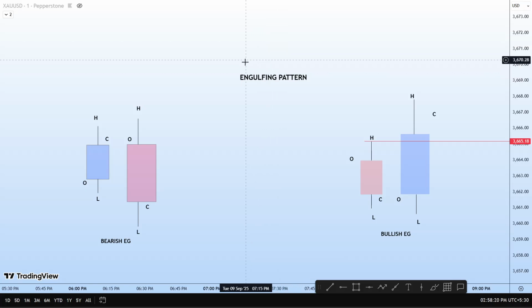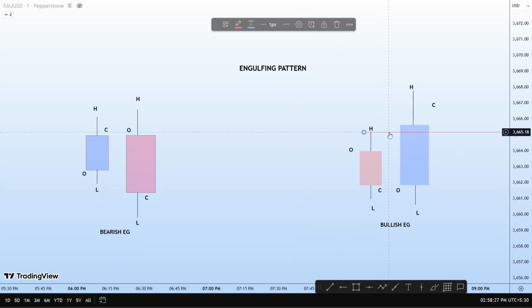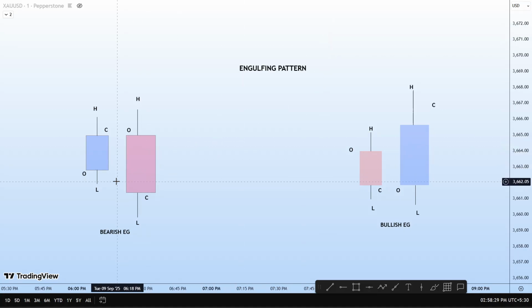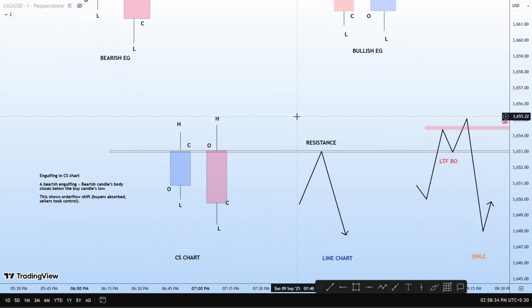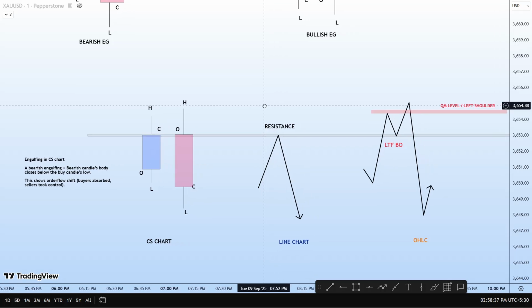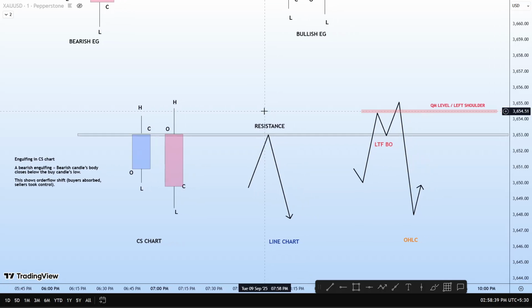There are a few different types of engulfing pattern that we will go into in the second video, but for now let's understand what happens on the chart when a sell or a buy engulfing forms. Before that, we also have to understand a key concept: the engulfing concept and the SnR concept, or if you look at it from the OHLC perspective, or even the supply and demand concept, they are all similar.